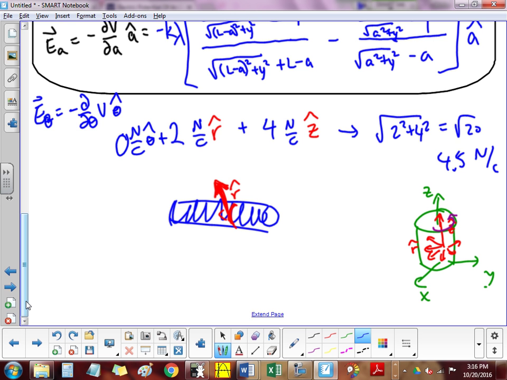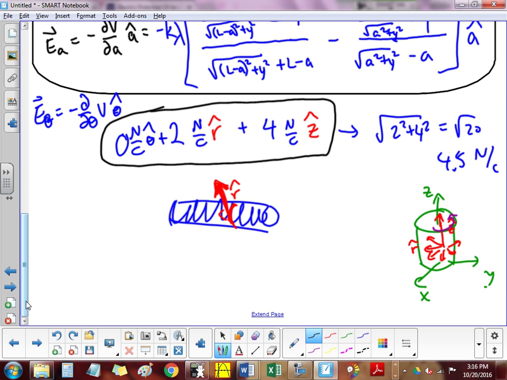So the complete field in cylindrical coordinates looks like this. You see? The complete field, as our final answer, is 0 newtons per coulomb in the theta direction, plus, and I'm just assuming these are 2 and 4, I kind of made up those numbers, 2 newtons per coulomb in the r direction, and 4 newtons per coulomb in the z direction.